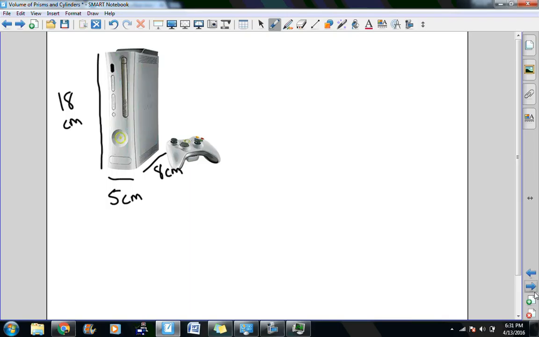For this figure here, we're going to do the same idea, finding the volume of this figure. To find the volume, I am going to do the front of the Xbox right here, which would be 18 times 5. And I would say that this front piece is being stacked 8 centimeters back.